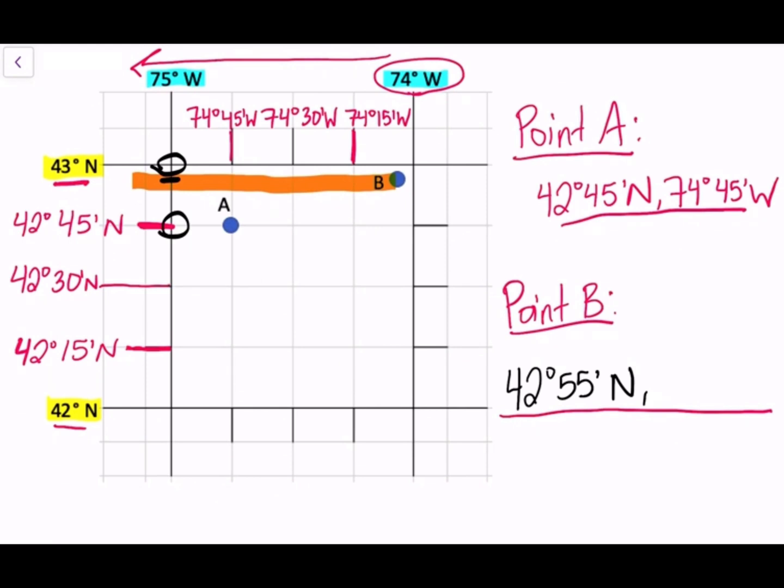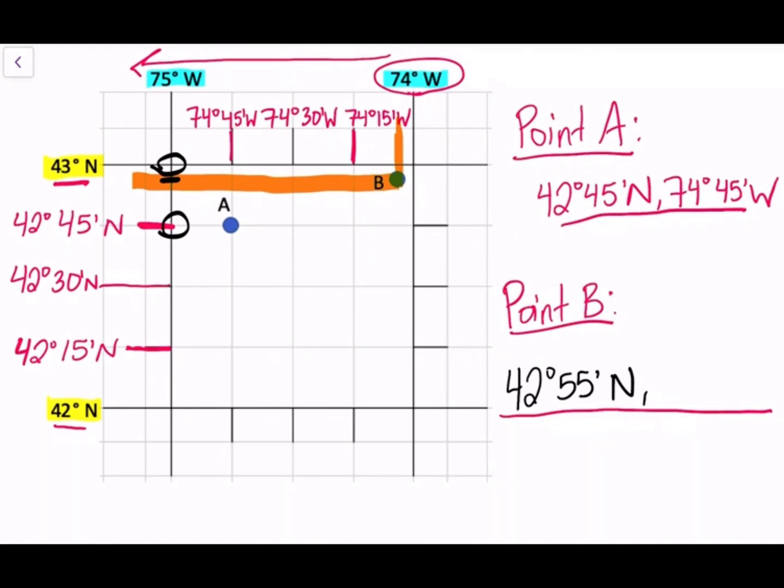Now let's try the longitude. The longitude, I'm going to go up. Notice the orange mark I'm making up. For the longitude of point B, it's on the low side. It's close to 74 degrees, but not quite on the line.